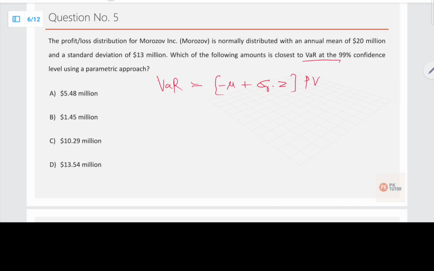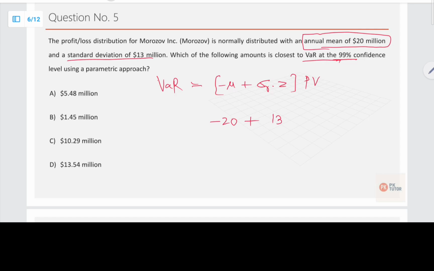So you look for what they are giving. They are giving annual mean. Now they are giving the dollar amount. So this will be minus 20. Standard deviation is given 13. 99.